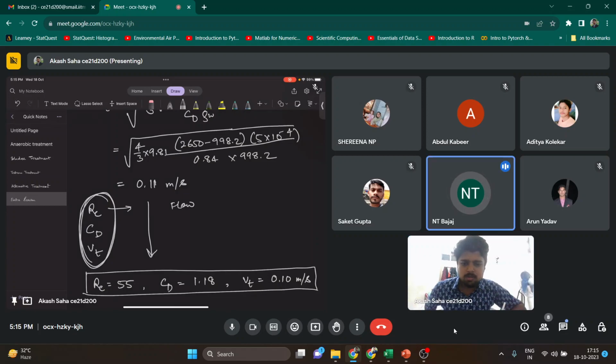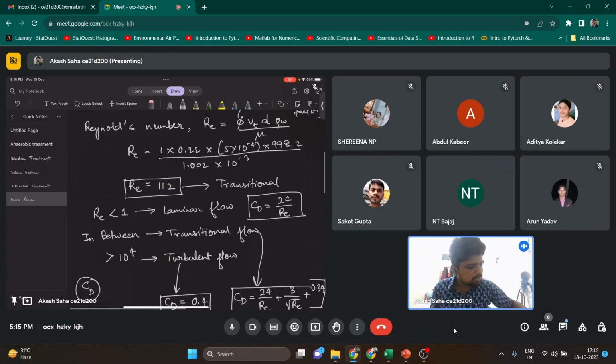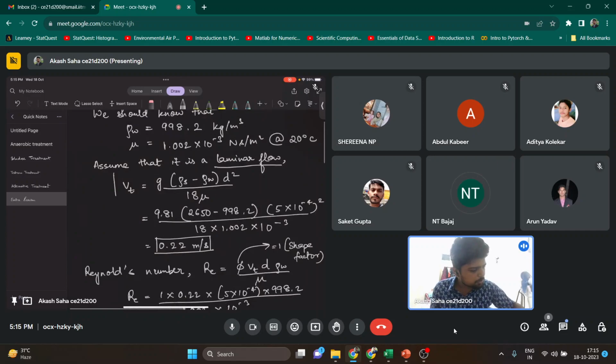Sir, what is the formula for settling velocity? This is the formula, 4 by 3 into G. This formula is for turbulent flow. In the laminar flow, what is the formula? In the case of laminar flow, this is the formula. Okay.